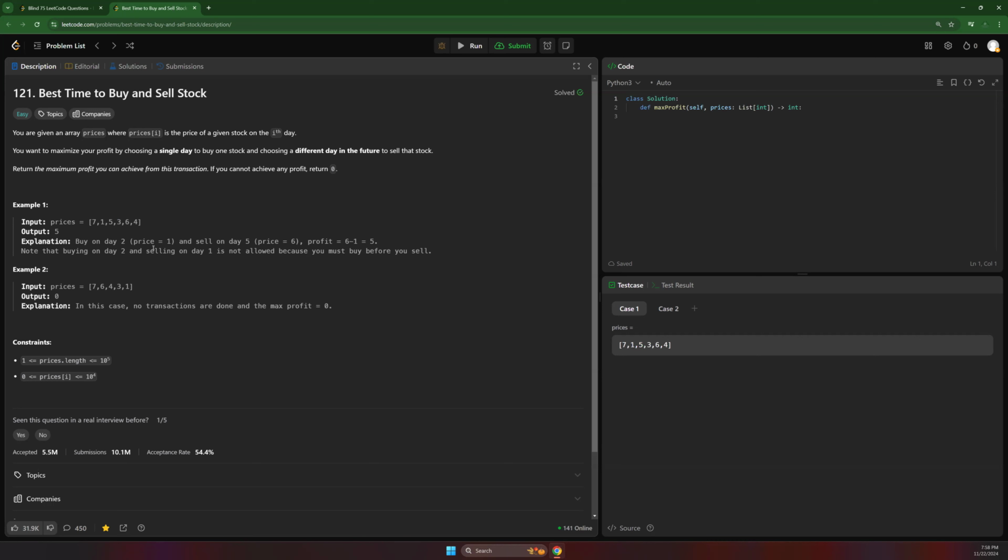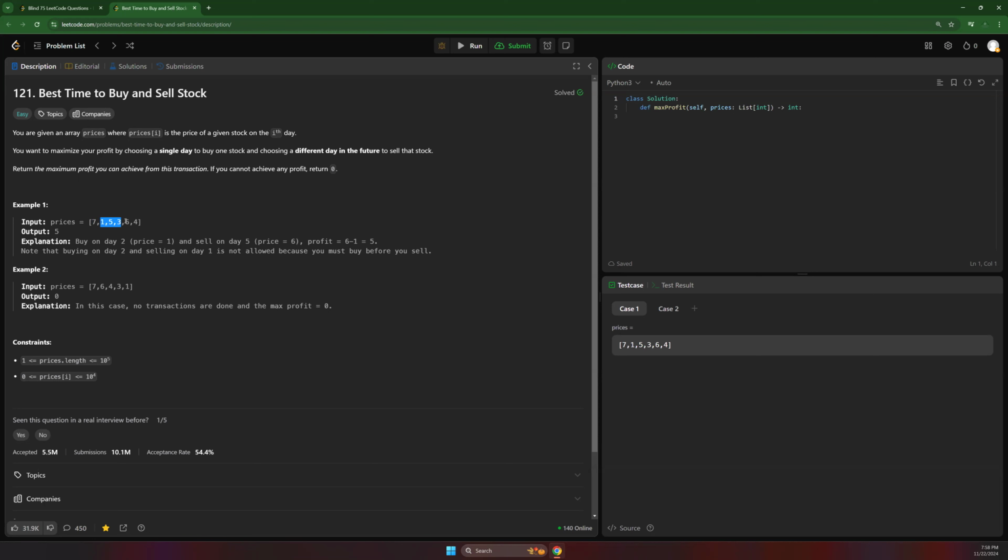So basically for the brute force method, you can easily solve this problem by going through the loop twice in a nested format. For example, if you are buying on the first day with dollar price 7, you can figure out which day you want to sell it, right?